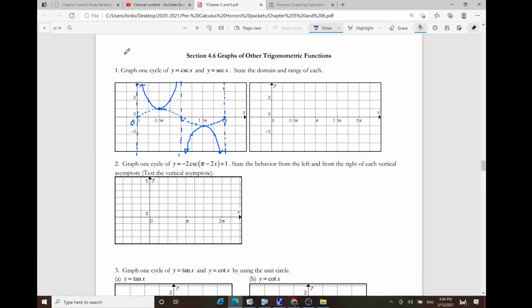So for the parent graph, if you want to state the domain, you can say that it's all real numbers except 0, pi, and pi k, where k is any integer.